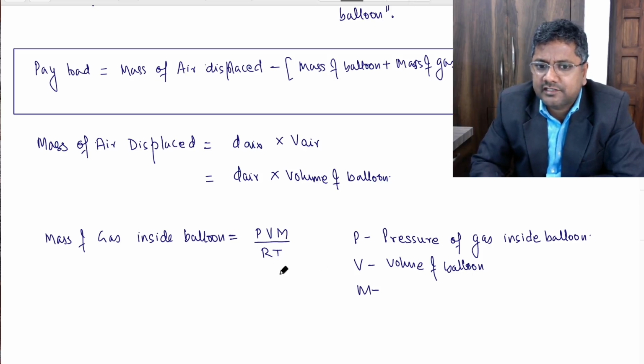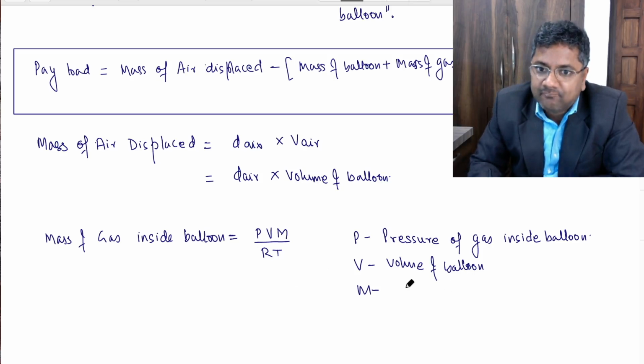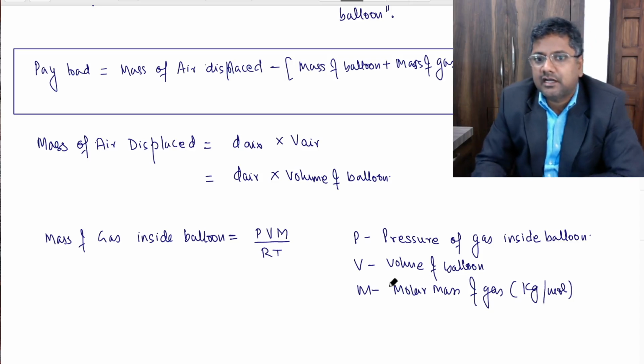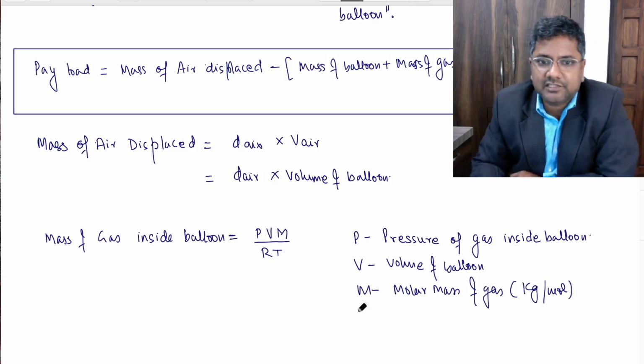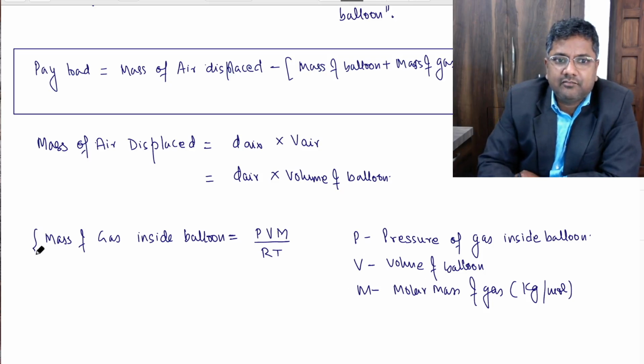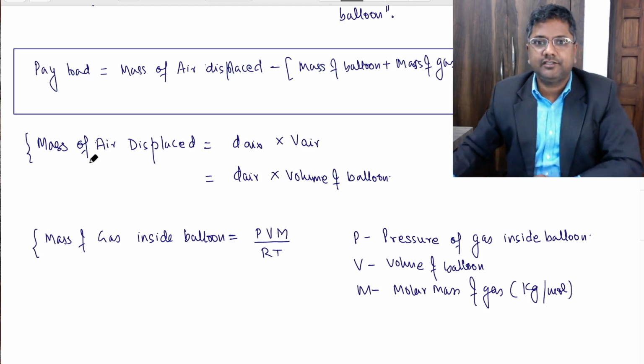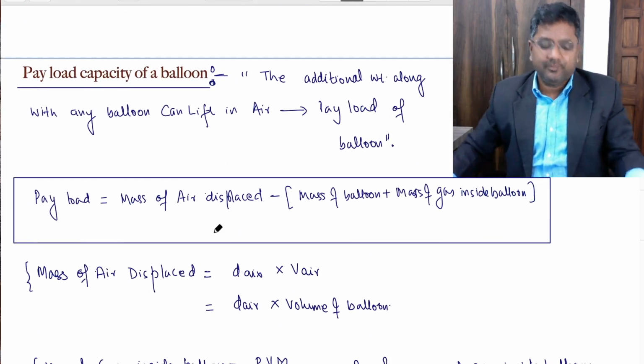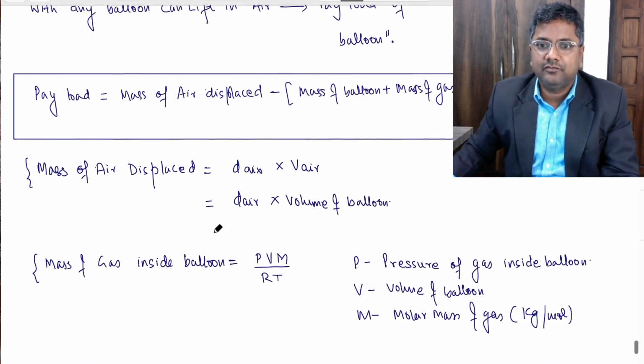Similarly, accordingly, you can set the units, right? Molar mass of gas in kilograms per mole, and R is the gas constant and T is the temperature. So in this way, you can find the mass of gas and the mass of air displaced, right? This is the way to calculate the payload capacity of a balloon.